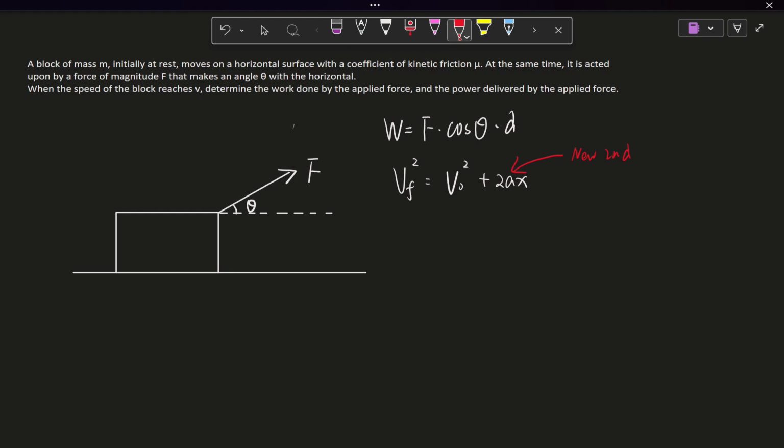For the net force, we can write expressions by analyzing the forces. So first, let's draw a free body diagram. Obviously, gravitational force, normal force, applied force, and the friction force.